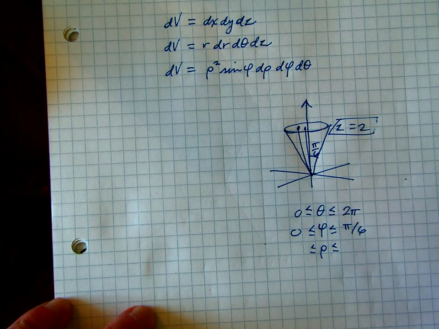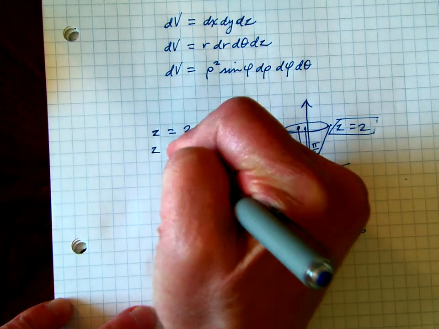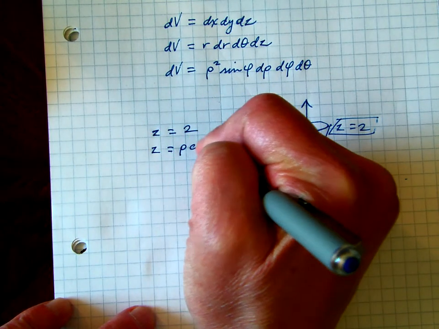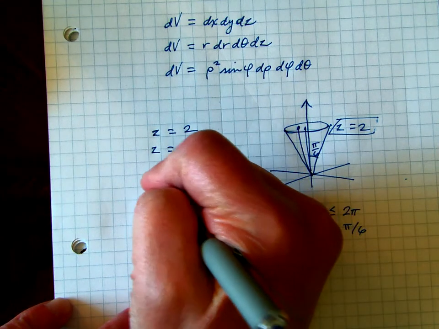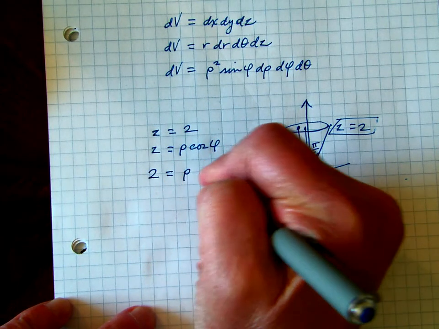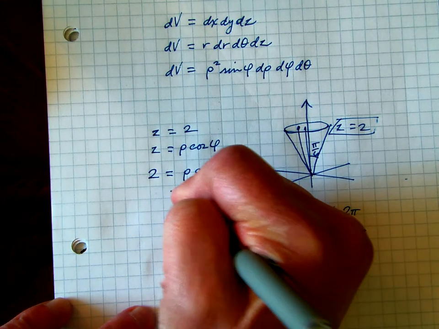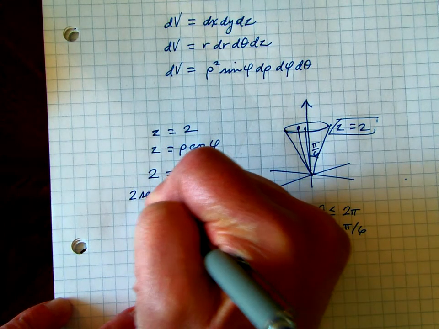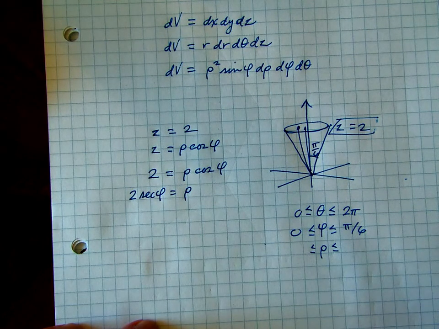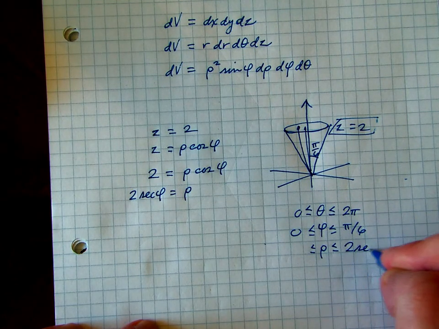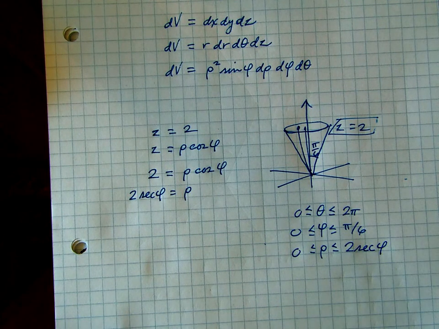Now remember, z equals rho cosine phi. Put the 2 in here. Solve for rho. 2 over cosine, or 2 secant phi. 2 secant phi is our upper limit of integration for our region.